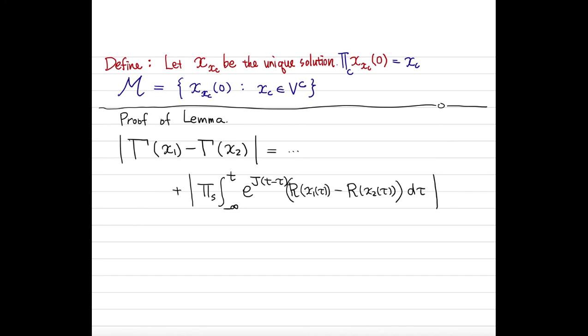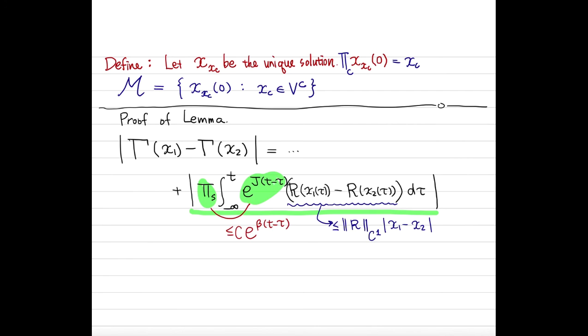First, the difference of Rx1 and Rx2 can be written using the supremum norm of the derivative. And the e to the J part can also be bounded, when tau is less than t, by e to the minus beta.